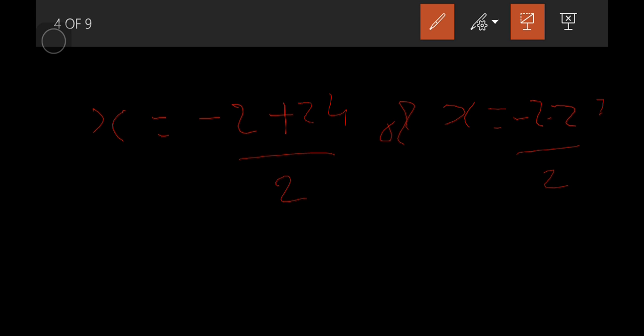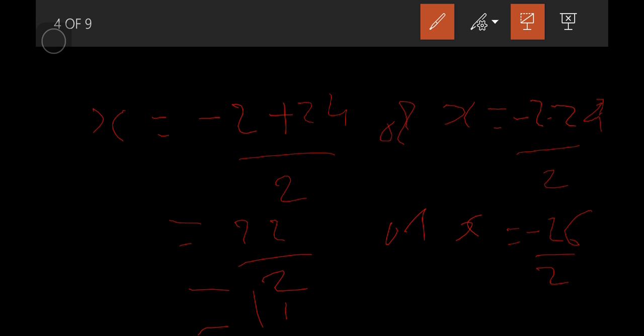So we get 22 divided by 2, or x is equal to minus 26 divided by 2. Then we can find two roots, x is equal to 11 or x is equal to minus 13. So we have two roots of the given quadratic equation, x is equal to 11 and x is equal to minus 13.